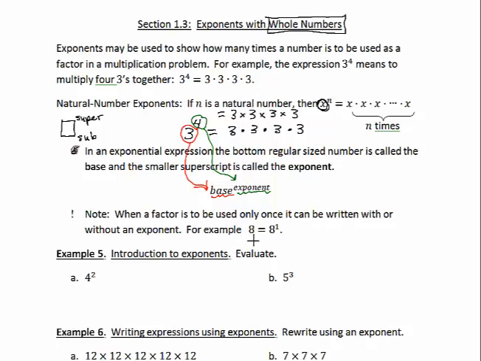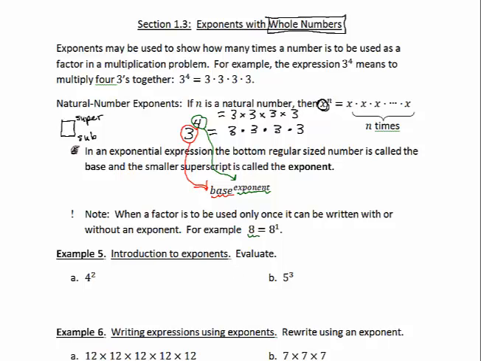So sort of a tricky instance of an exponent is 8 to the 1st power. Well, that just simply means we have one 8, and so 8 to the 1st power is the same thing as 8. 8 is the base, 1 is the exponent.